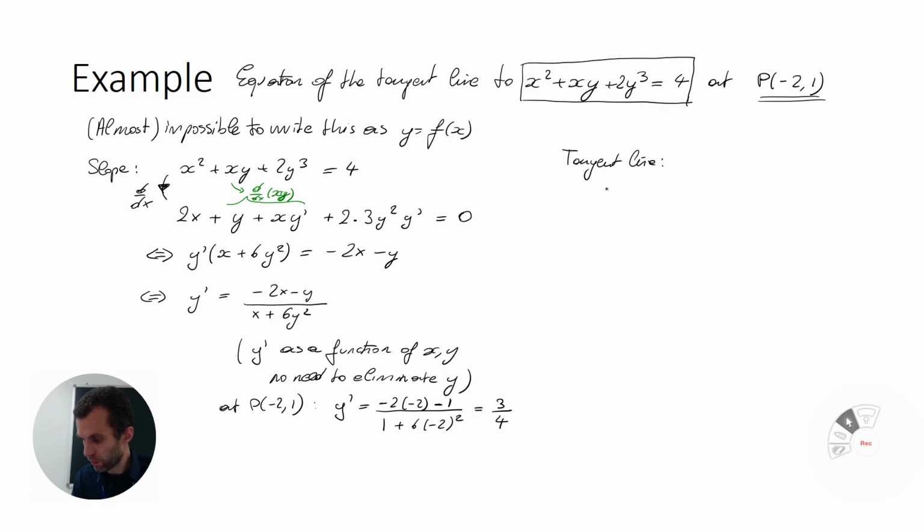So the tangent line has to pass through this point, so it's y minus 1 equal to 3 over 4 times x plus 2, and we can simplify that a little bit to read y equal to 3/4 x plus 5 over 2, and you can clear the denominator if you want to write this as 3x minus 4y plus 10 equal to 0.